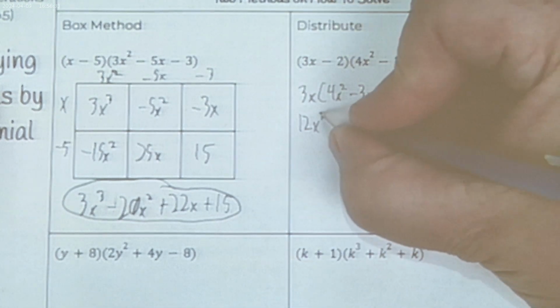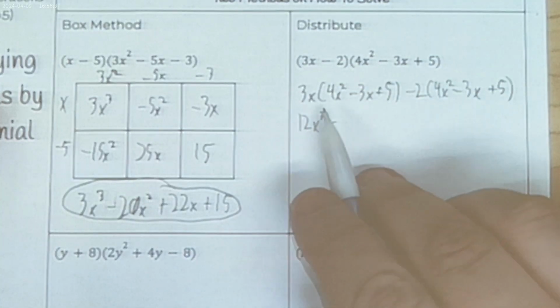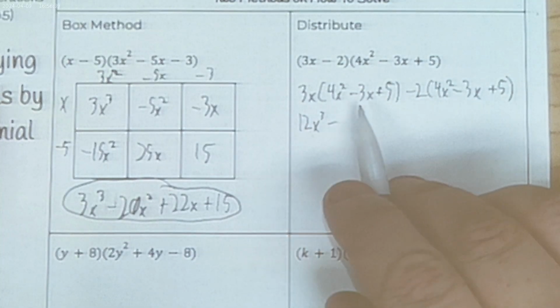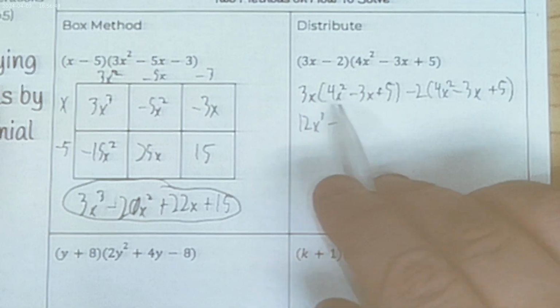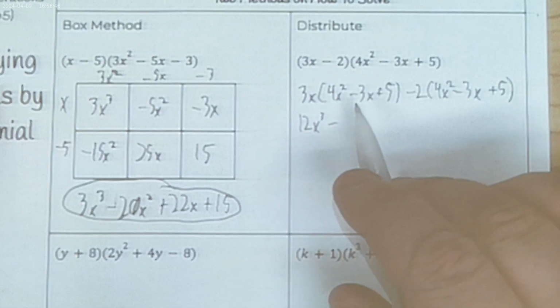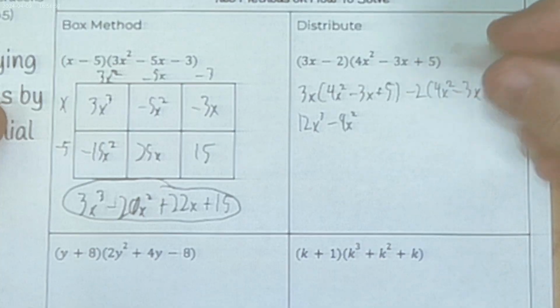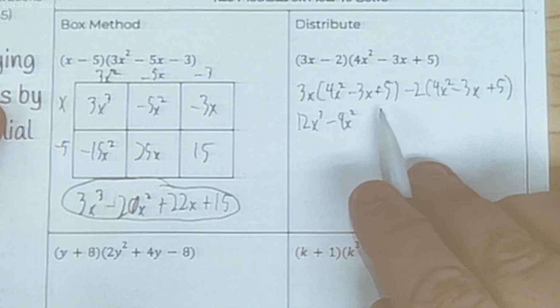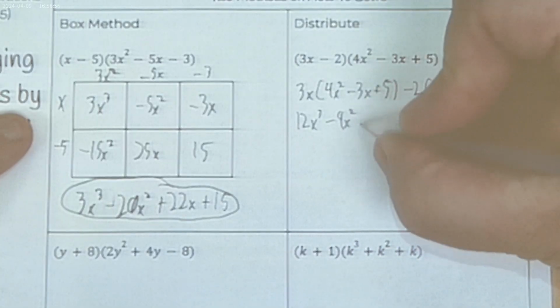That gives us 12x to the third power. Then 3x times negative 3x: we're going to get x squared because it's x times x, but 3 times negative 3 is minus 9. And then finally, 3x times 5 is just going to be 15x.